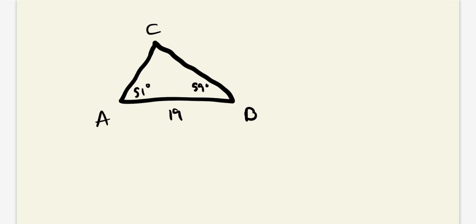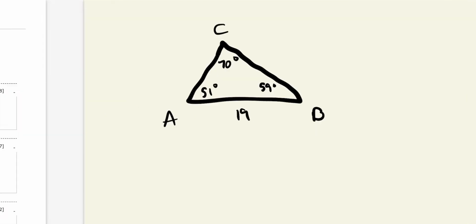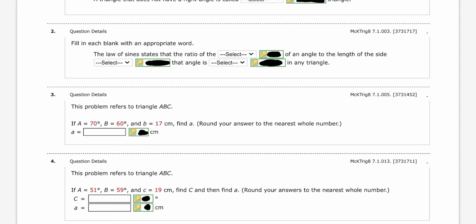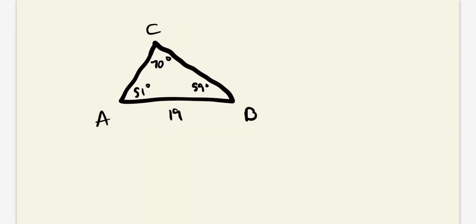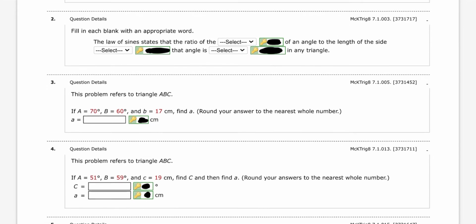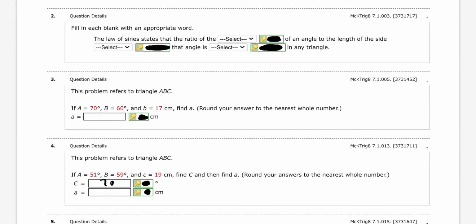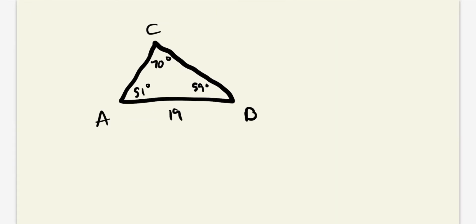If you do that, you should get 70 degrees. Remember that the angles of a triangle must add up to 180. They're asking us to find angle C, which we've already done. That's 70, so that one's correct.